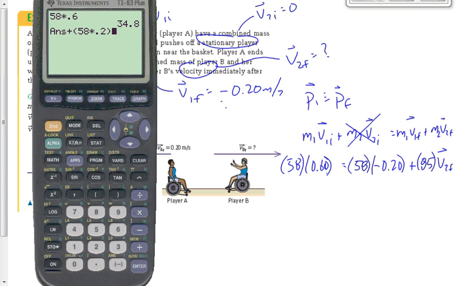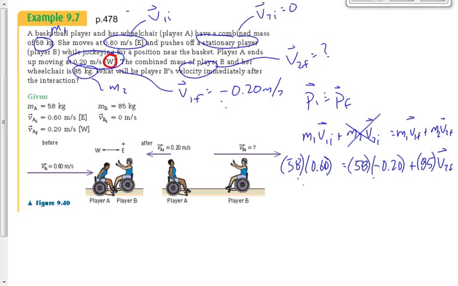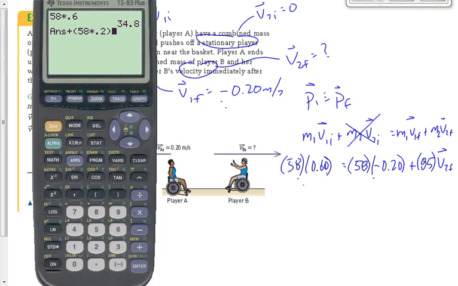We're adding the final momentum to the initial momentum, taking it over to the left-hand side. I've got 58 times negative 0.2. It's a negative value. I can subtract that negative, or I can just add it, and it ends up being exactly the same thing. So that gives me 46.4.